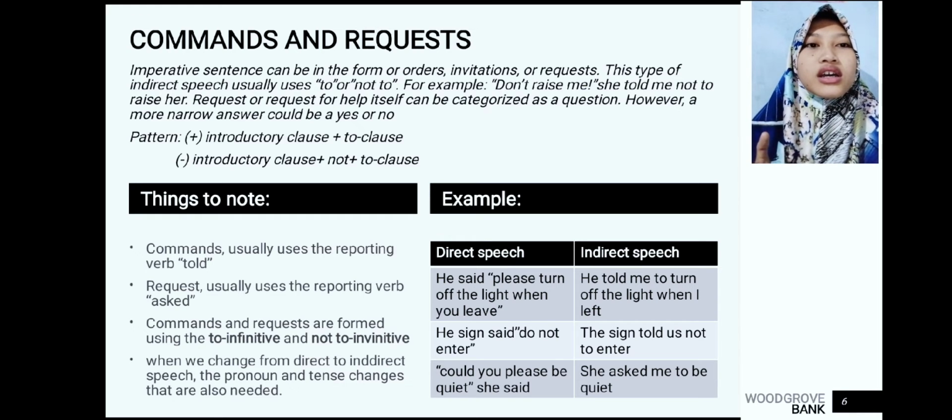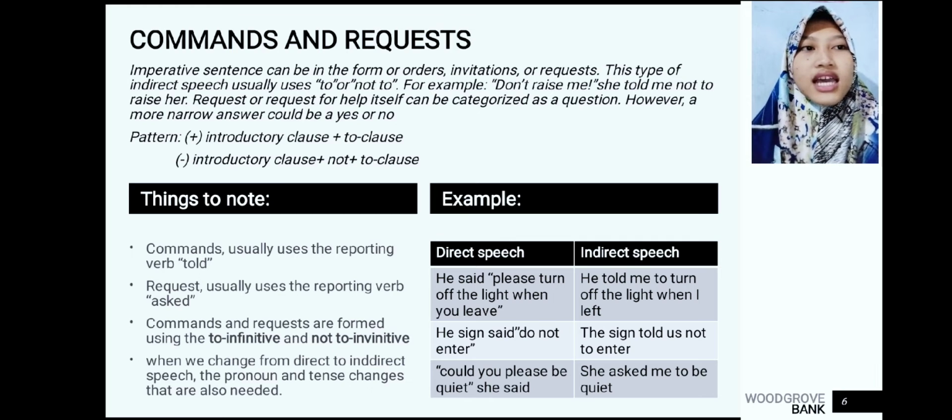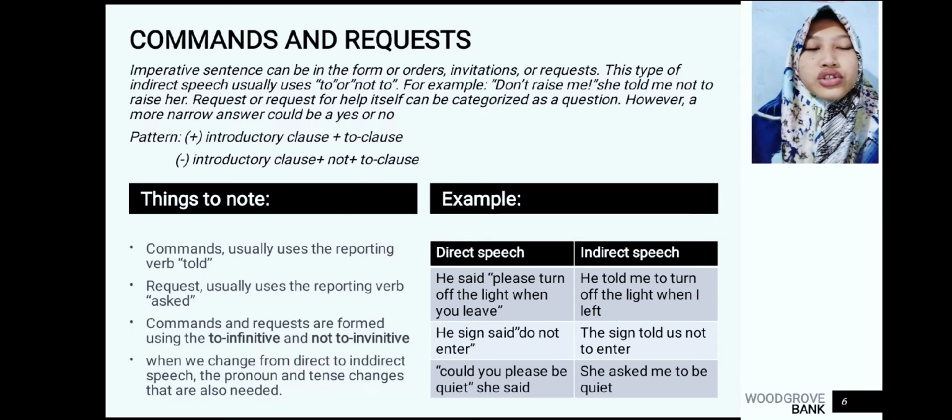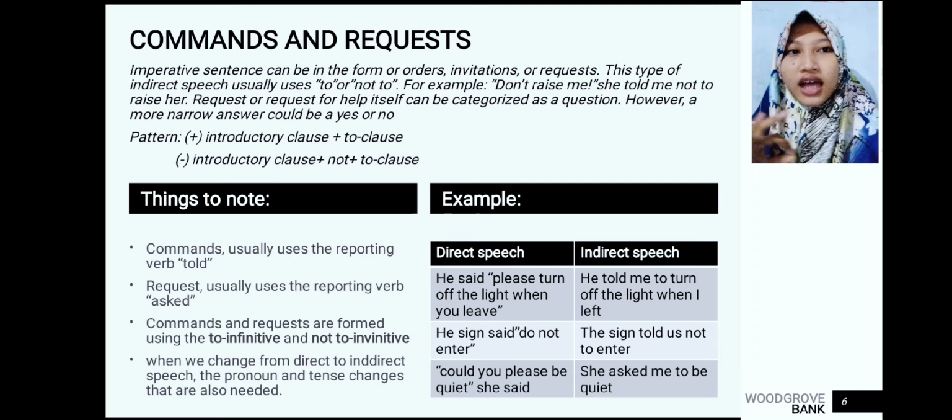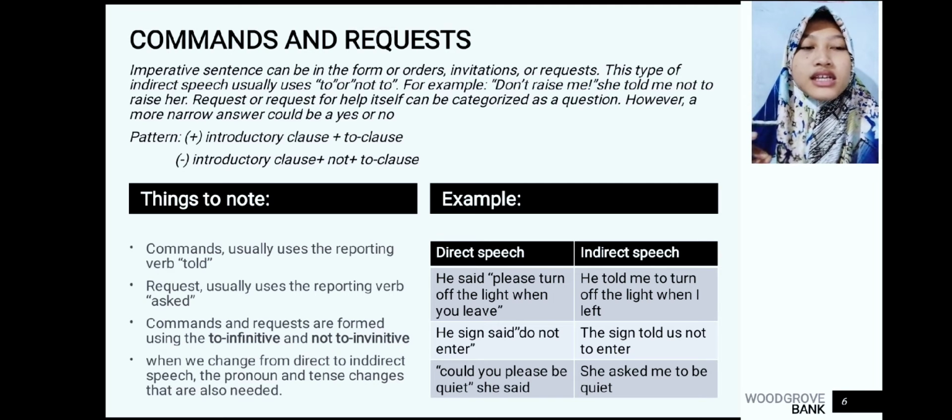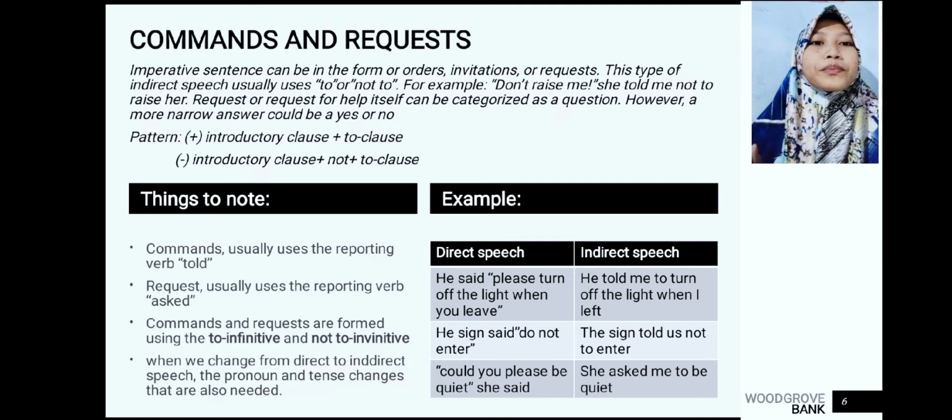Request or request for help itself can be categorized as a question. However, a more narrow answer could be a yes or no. And the pattern for positive is introductory clause plus to clause. And for negative, introductory clause plus not plus to clause.